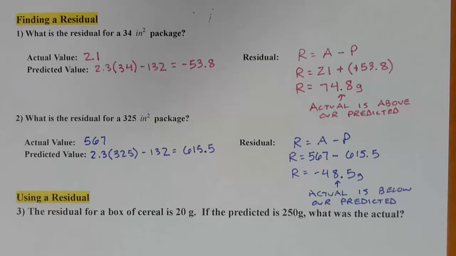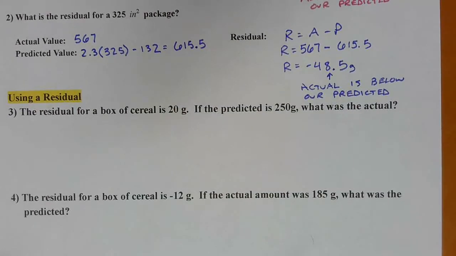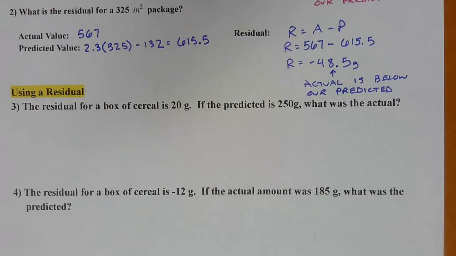All right, last piece is we're just using a residual. So what if we know the residual in one of our other measurements? The residual for a box of cereal is 20 grams. If the predicted is 250 grams, what was the actual? You can think about this logically, or we can jump right to our residual equation.